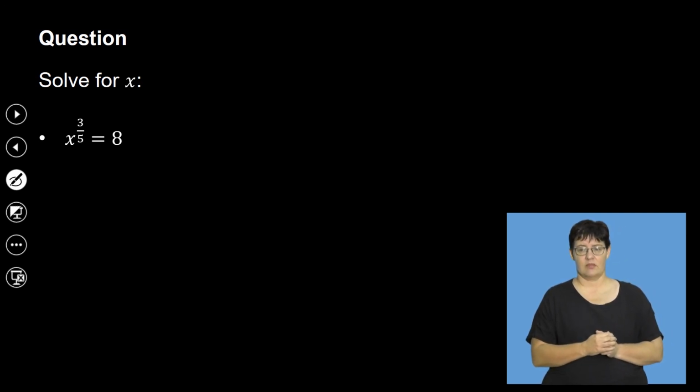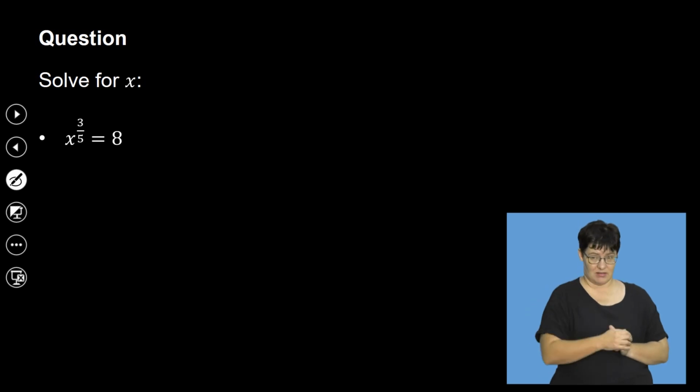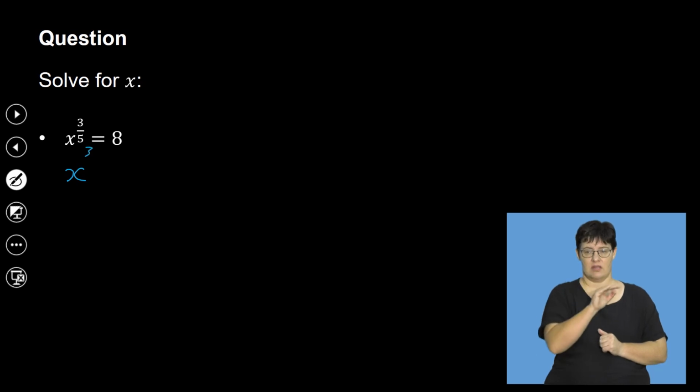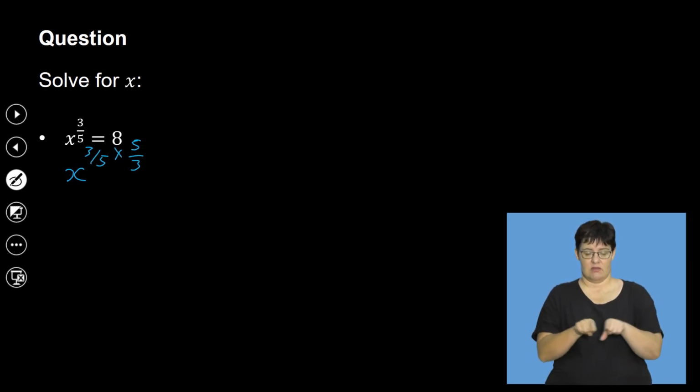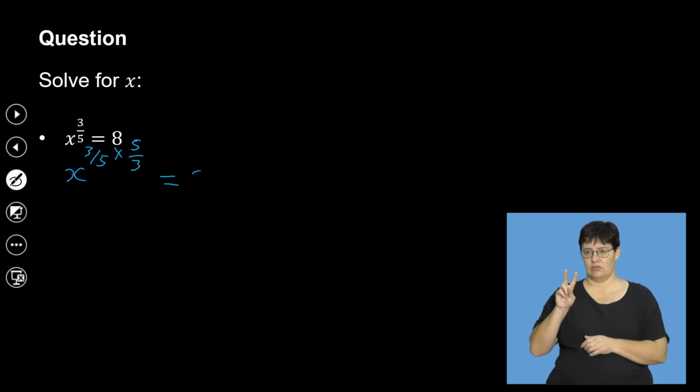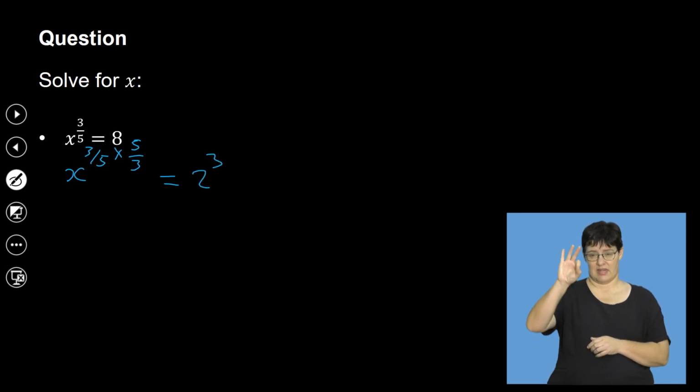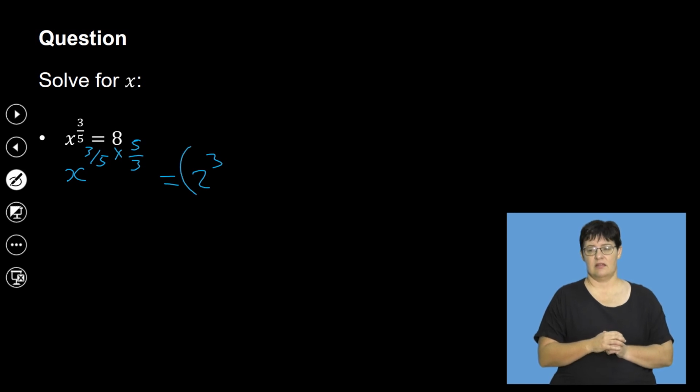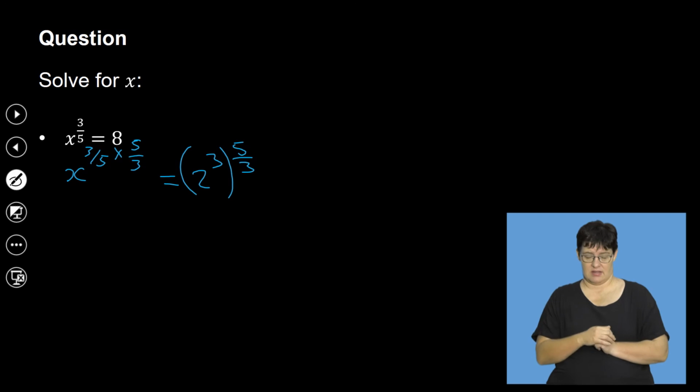So remember, you raise this to the reciprocal of the rational exponent. So it's going to be x to the exponent of 3 over 5 times 5 over 3, which is equal to 2 to the exponent of 3. I will just change the 8 so that it's easier to simplify, raised to 5 over 3.